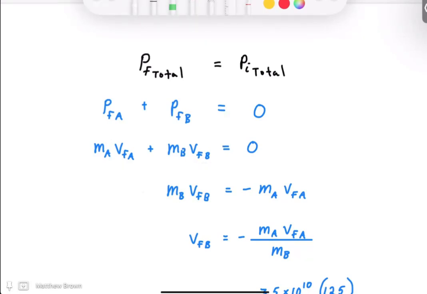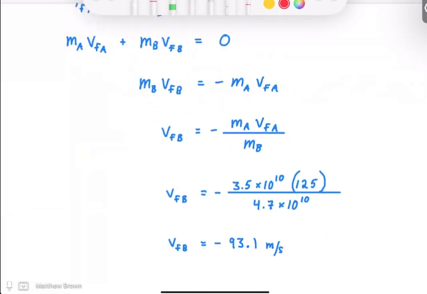So I need to subtract this from both sides, which brings it over here and makes it negative. And then from there, we can divide both sides by the mass of B. And that's how we end up with an equation for V final of B.